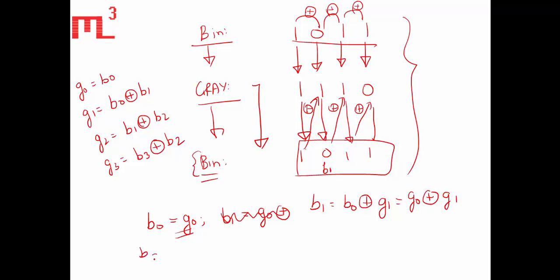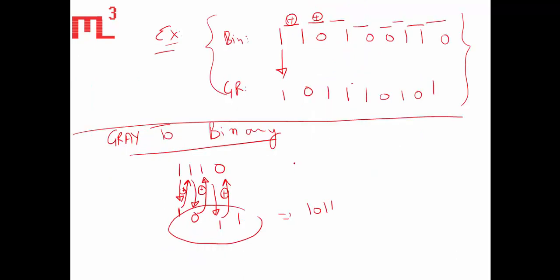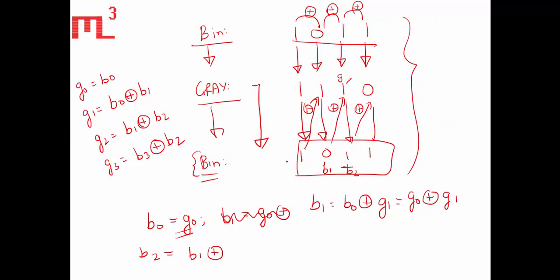Now what can you say about B2? B2 is B1 XOR G2, and B1 is G0 XOR G1. So B2 is G0 XOR G1 XOR G2.